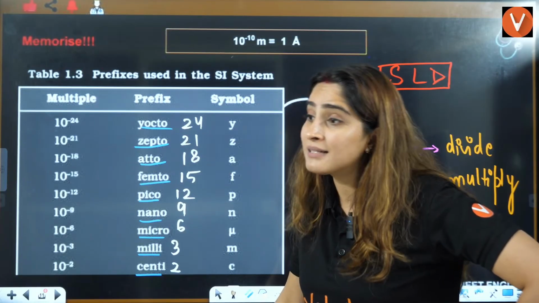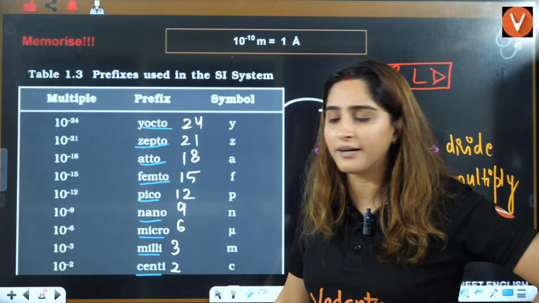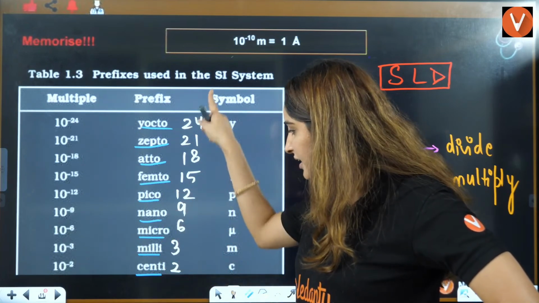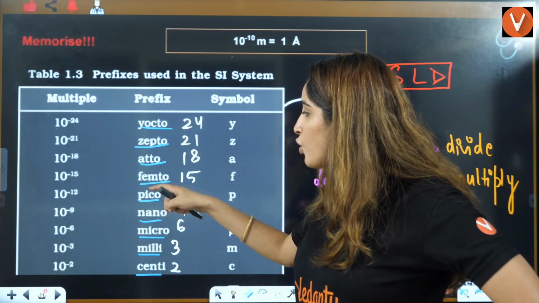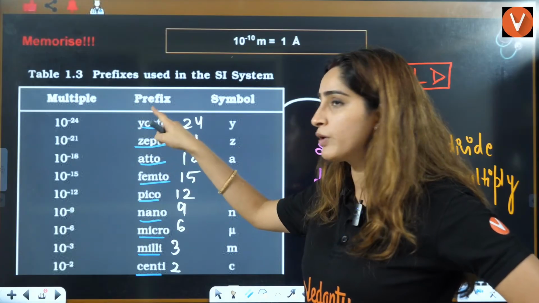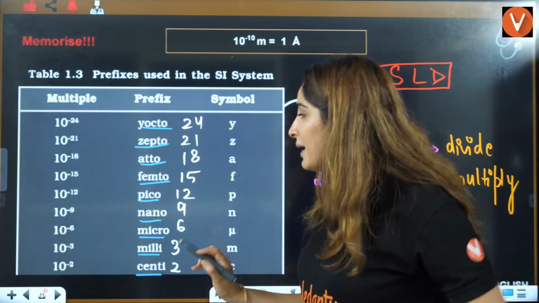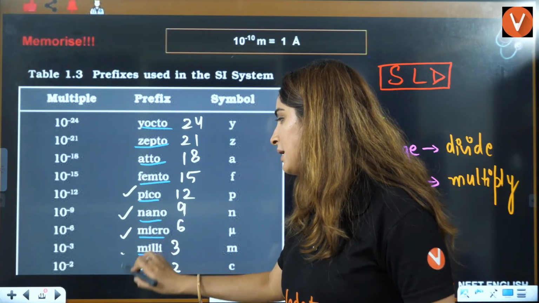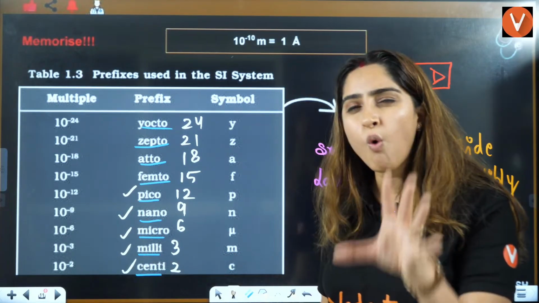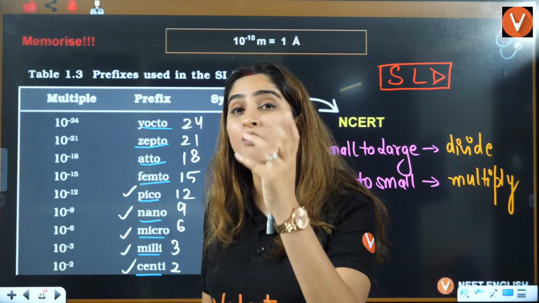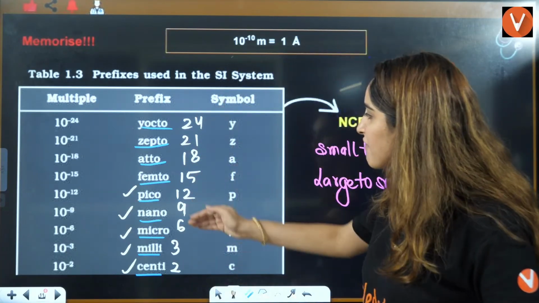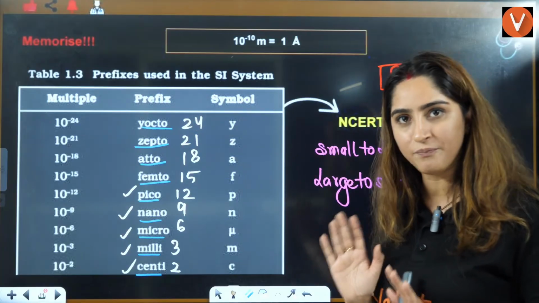After centi and milli, just add 3: milli, micro, nano, pico, femto, atto, zepto, yocto. But what is most asked is pico, nano, micro, milli, centi. These are the most asked conversions in your exams. We have just added 3 each time.